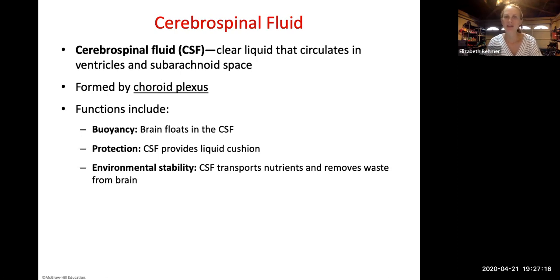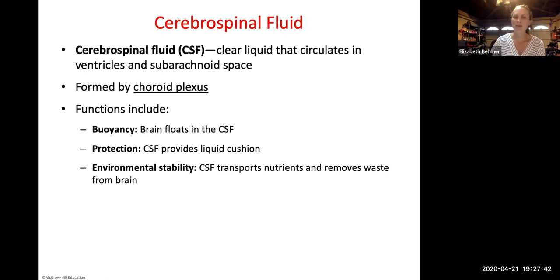Okay, so I've talked a lot about CSF, cerebrospinal fluid, but what is it? Numbers 5 and 7 have to do with cerebrospinal fluid. The functions are listed for you there. It's a type of liquid that's clear. It circulates within the ventricles and the subarachnoid space, and it goes all the way down your spinal cord.